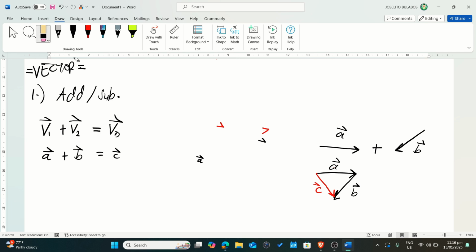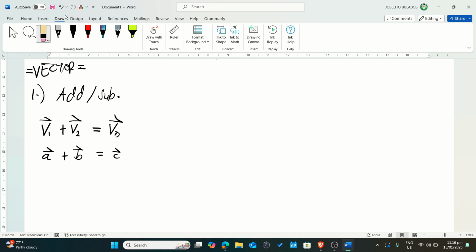So let me repeat again so that we could further understand how to add and subtract a vector quantity.